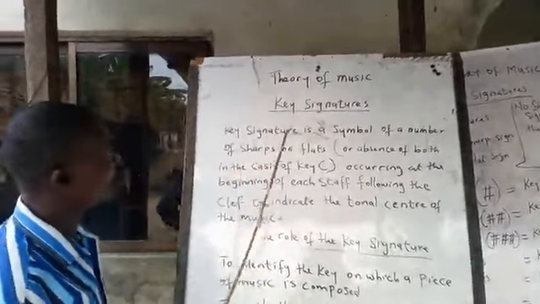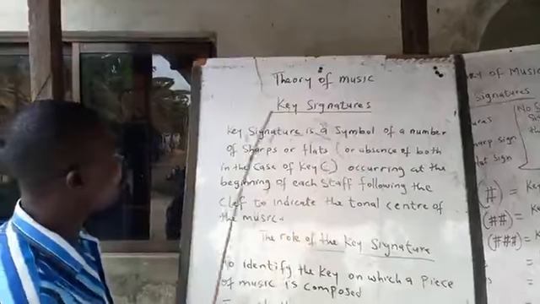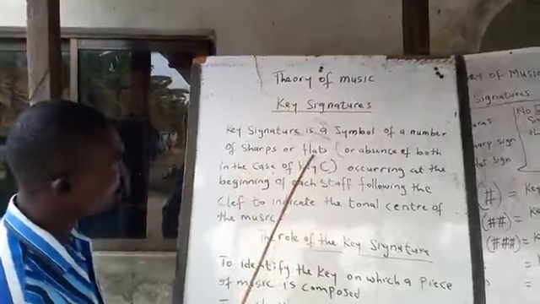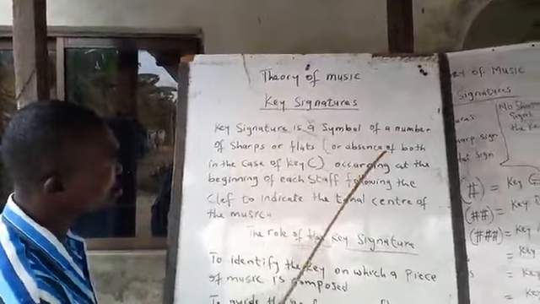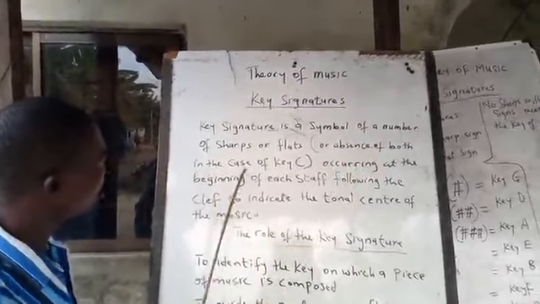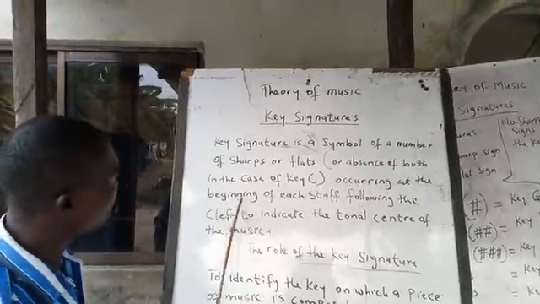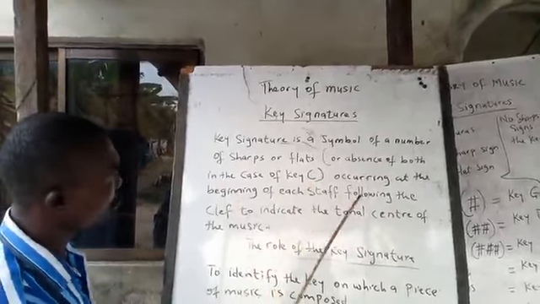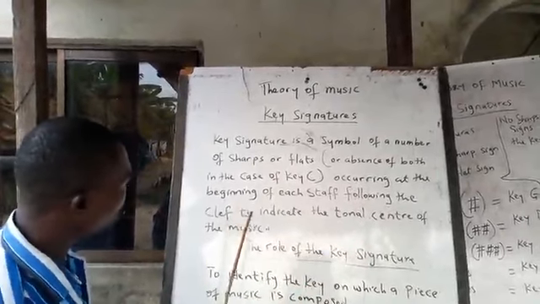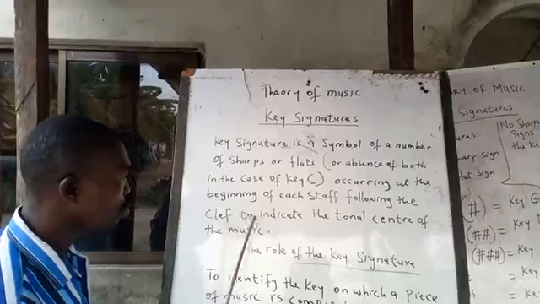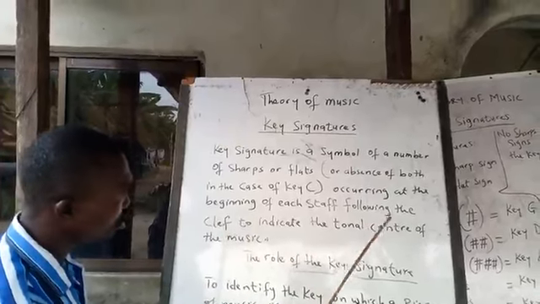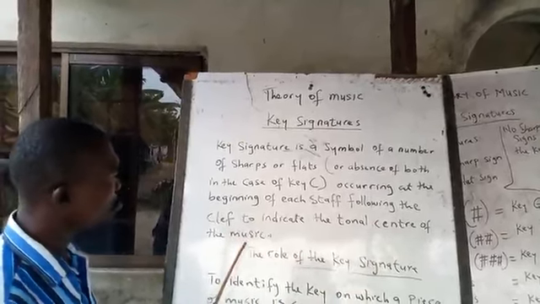A key signature is a symbol of a number of sharps or flats, or absence of both in the case of key C, occurring at the beginning of each staff, following the clef to indicate the tonal center of the music.